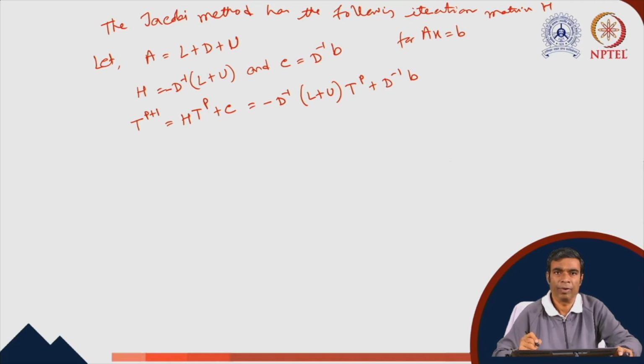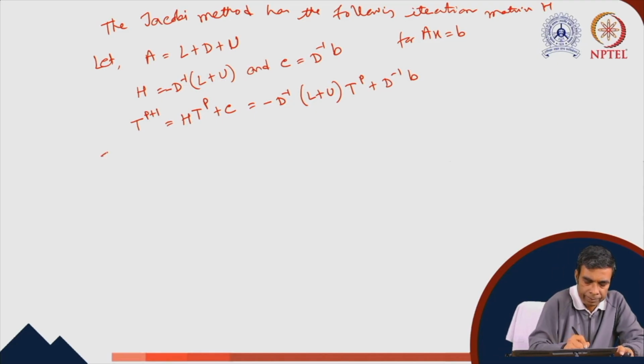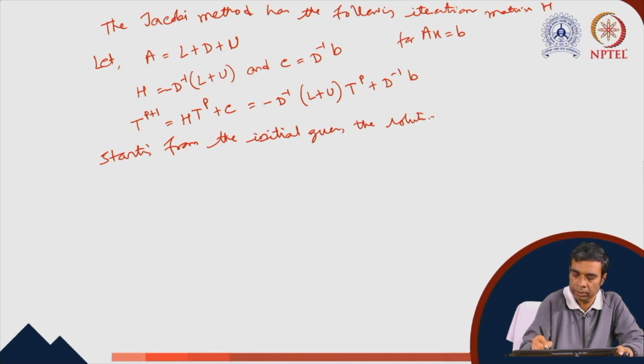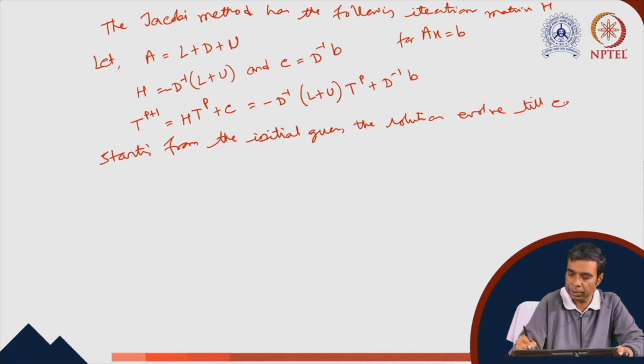The final solution of the Gauss-Seidel method or the Jacobi method depends on the convergence criterion. So these iterative methods work on repetitive calculations. So we have to check the convergence of the solutions starting from the initial guess. Starting from the initial guess, the solutions evolve till convergence.